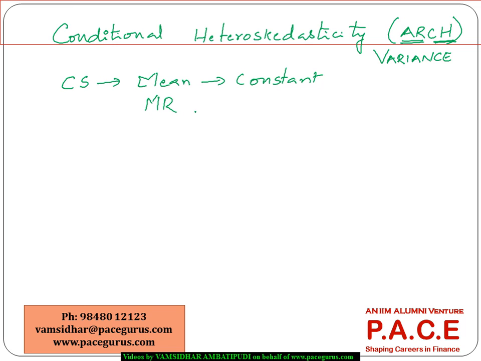If it is not mean reverting, then it may have a unit root or a random walk kind of behavior. And if a random walk is present in the data, I can take the first differences and convert it into a covariance stationary series, from where I can use the autoregressive model to do the time series forecasting.